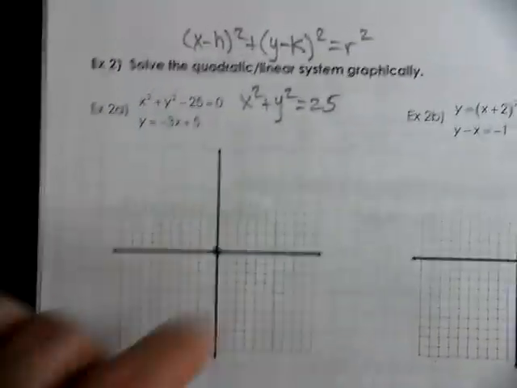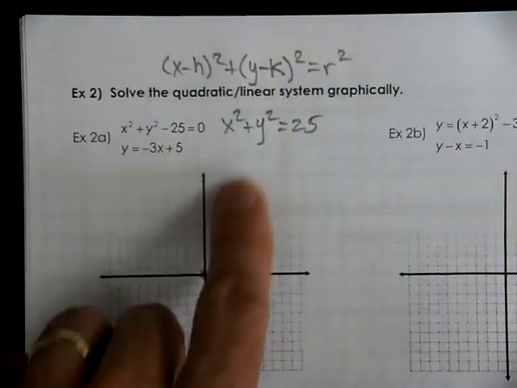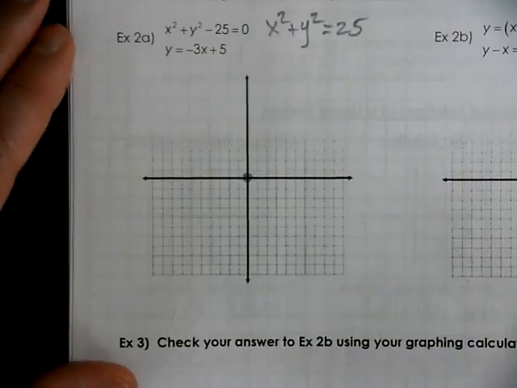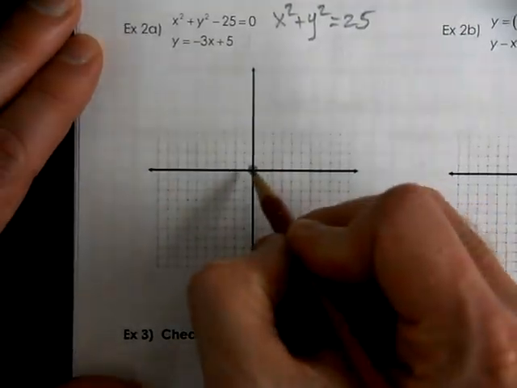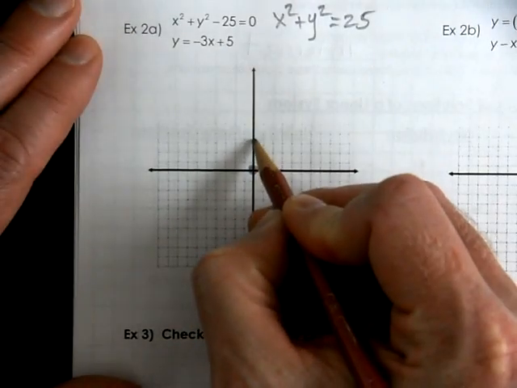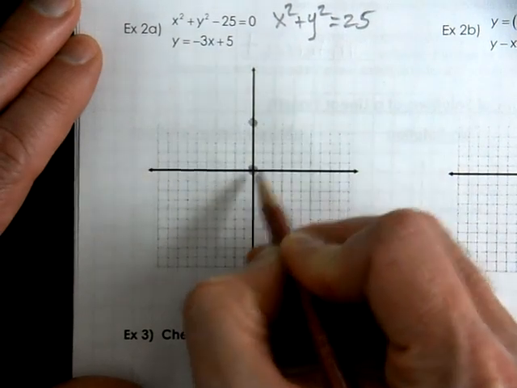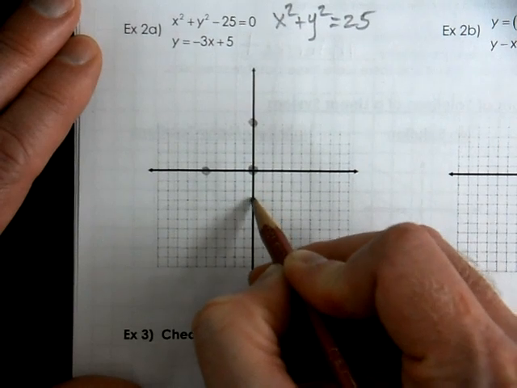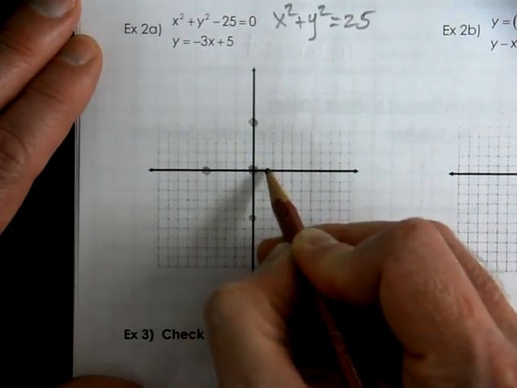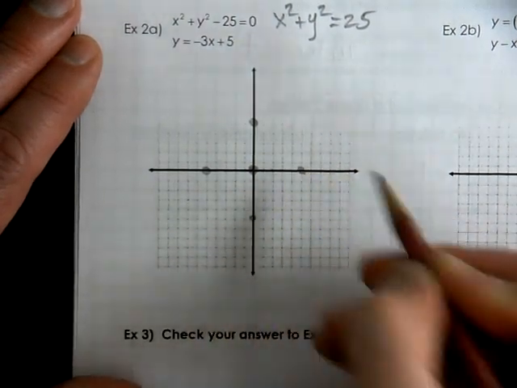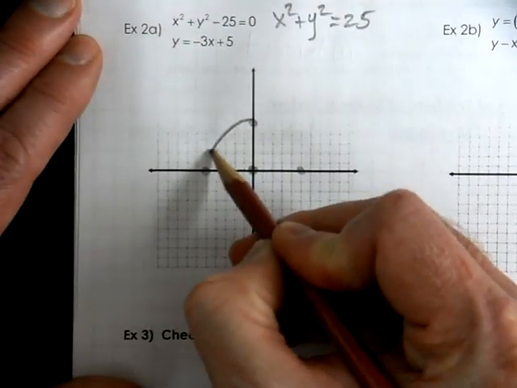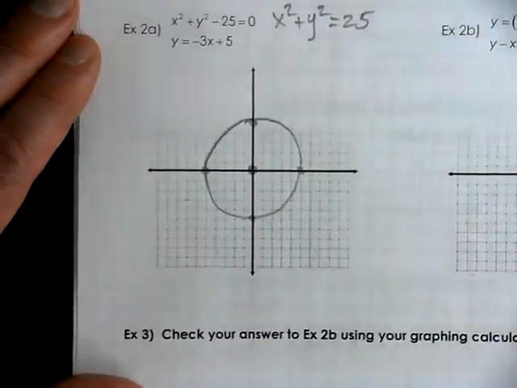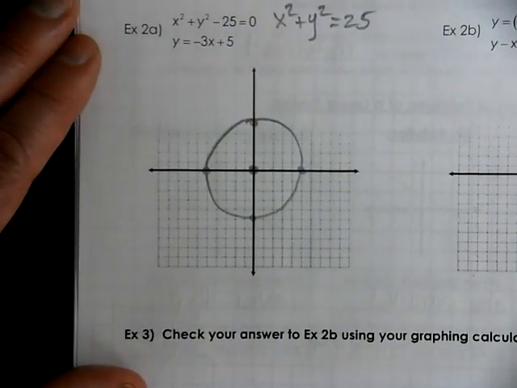And a radius squared is what your equation is going to equal. So the radius itself is going to be the square root of 25, which puts us out at 5 for each one of these. So there's our circle.